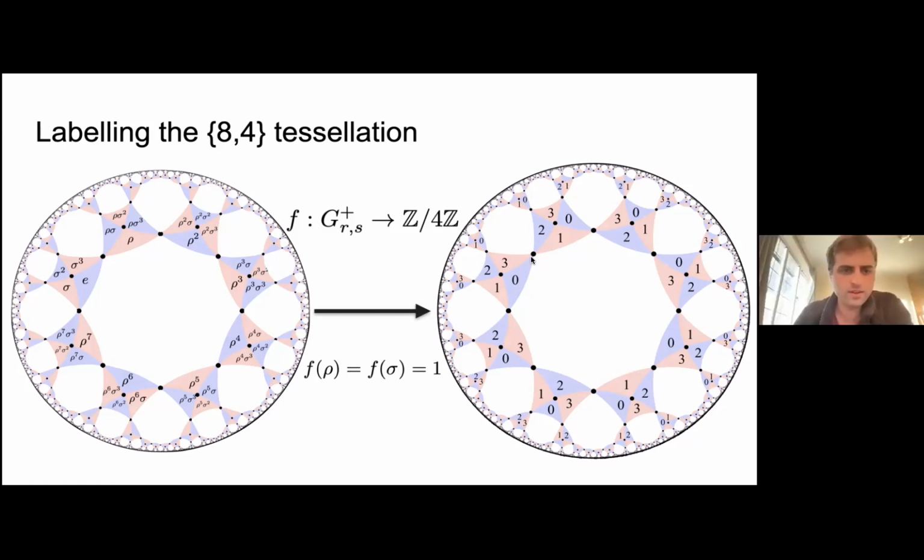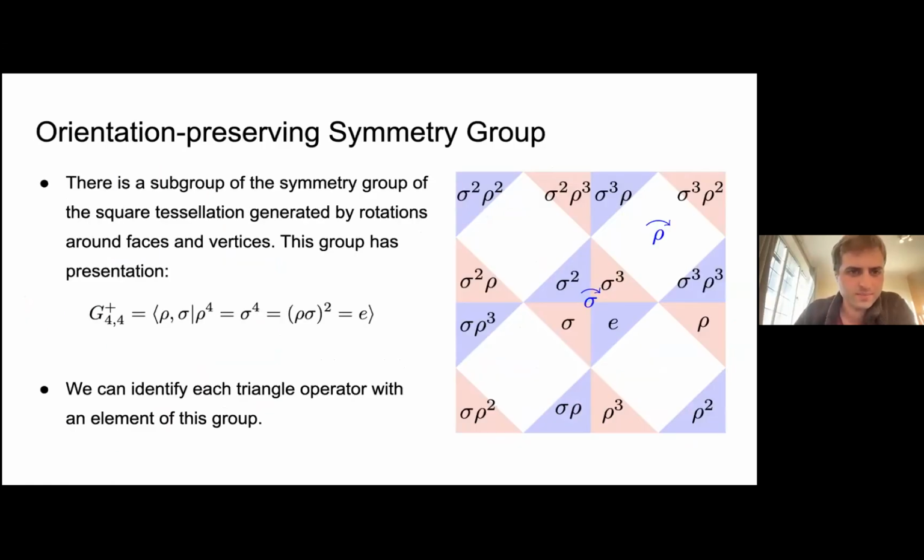Yeah. So this is a map from the orientation preserving symmetry group of the lattice to Z4. So it's a group generated by rotations around the faces and the vertices.